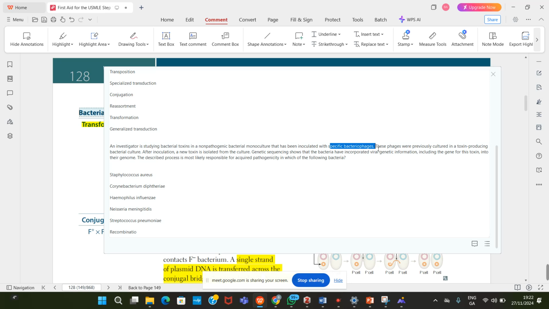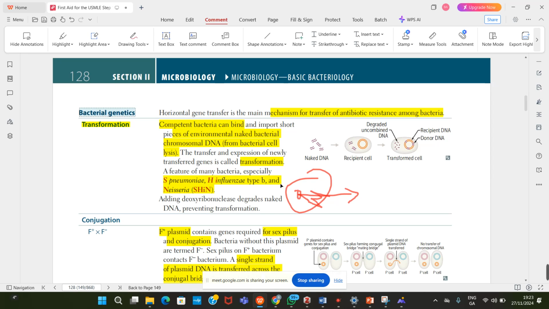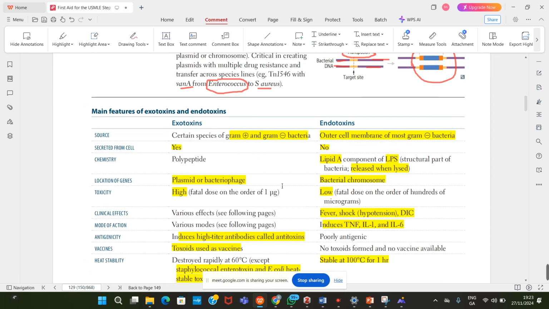They were very generous. They said specific bacteriophage, transduction. And the only organism here whose toxin is transmitted through transduction is what? Corynebacterium diphtheriae. We said diphtheria. Yes. That's it.